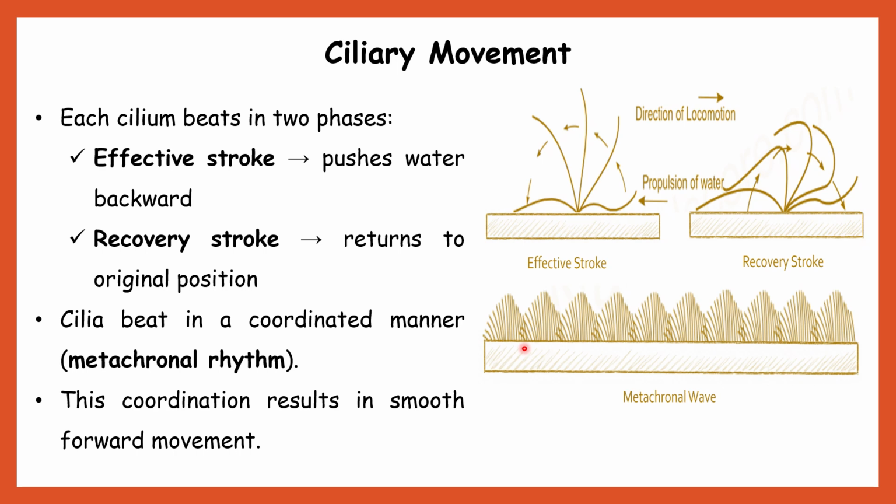It is exactly a rhythmic movement of the cilia, one after one the cilia beat upon each other, and they form a smooth wave-like formation. This type of ciliary movement is known as metachronal wave formation. So this is one more type of ciliary movement.